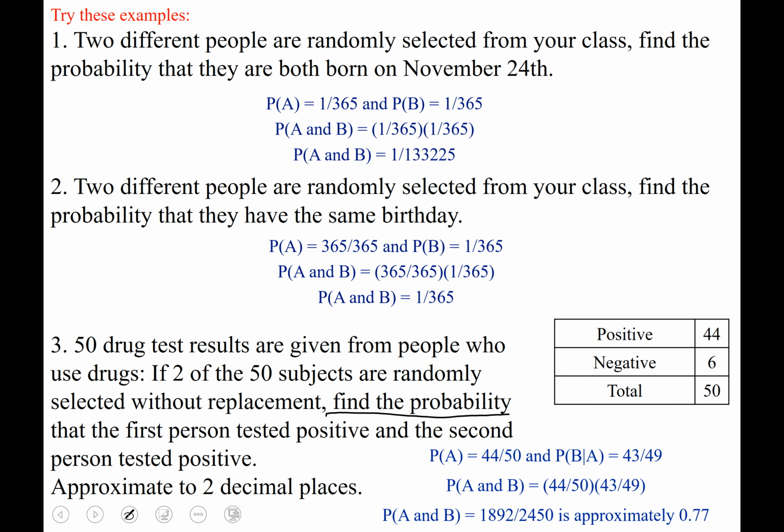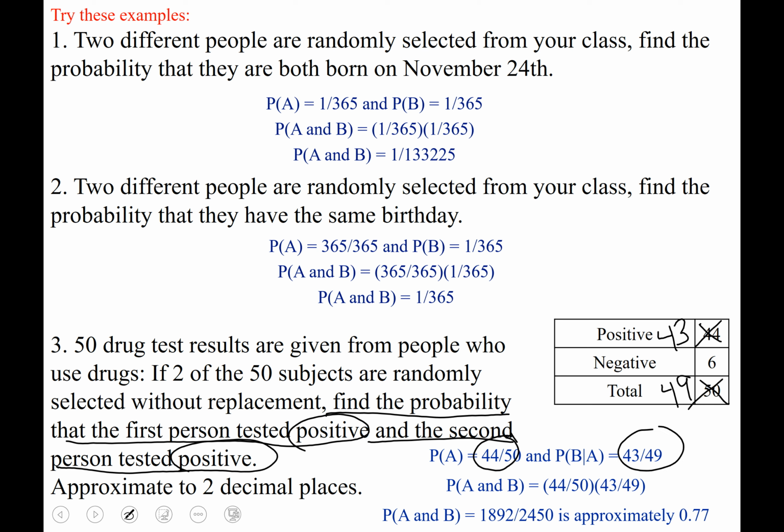Find the probability that the first person tested positive and the second person tested, and here's the change, also positive. So the first person, you have a 44 out of 50 chance that they tested positive. But now the numbers changed. Now we have 43 people up there with a positive card and 49 total. And the second event is that person also tested positive. So we've got 43 out of 49 this time.